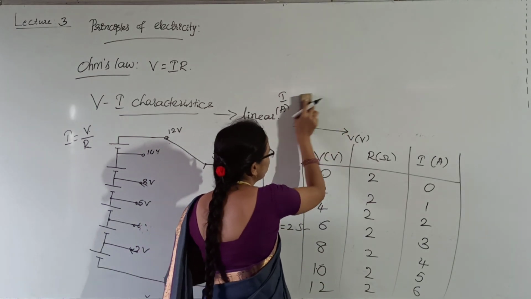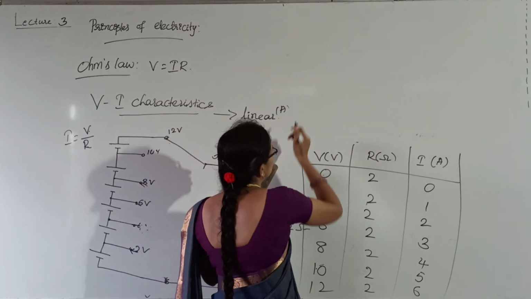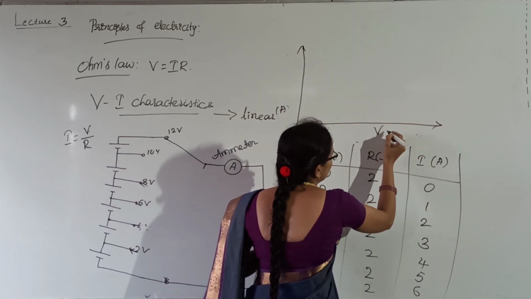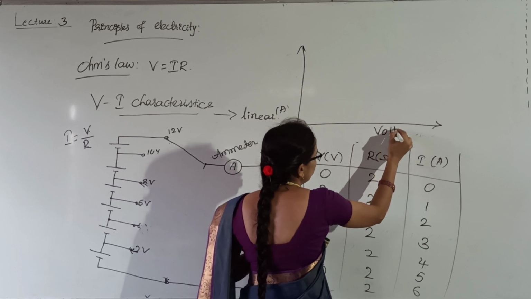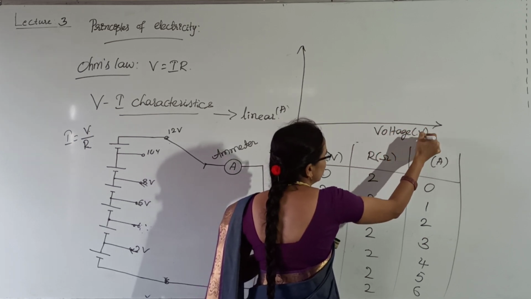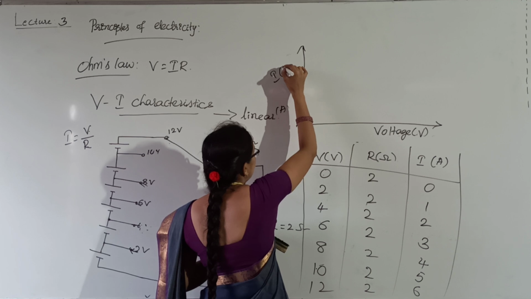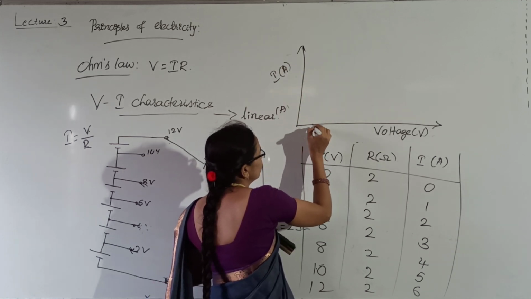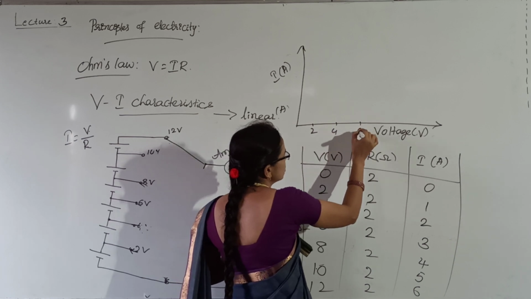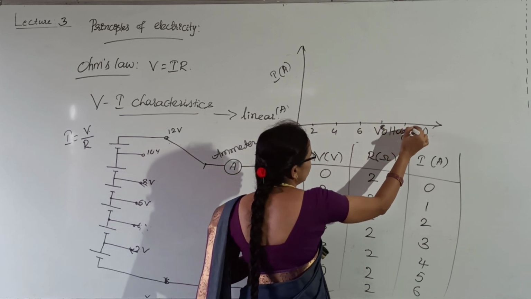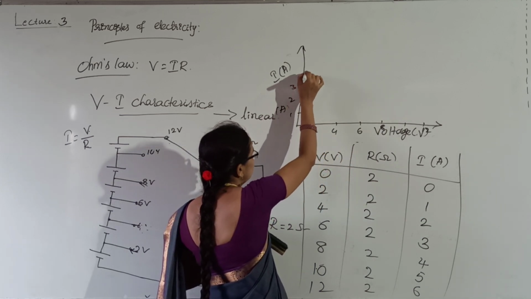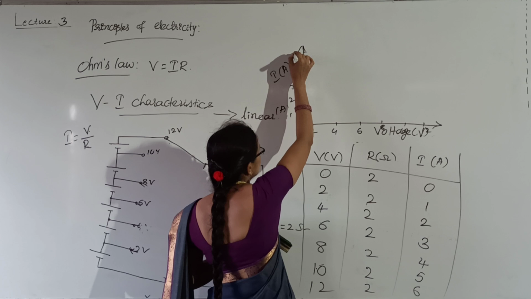So if I draw a graph, with potential difference or voltage on the x-axis and current on the y-axis, what happens? Voltage 2, 4, 6, 8, 10, 12 and current 1, 2, 3, 4, 5, 6.